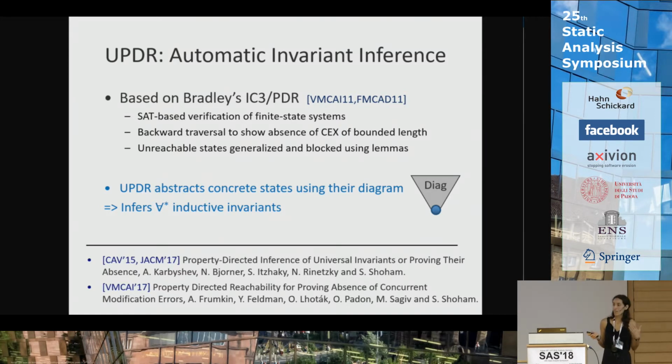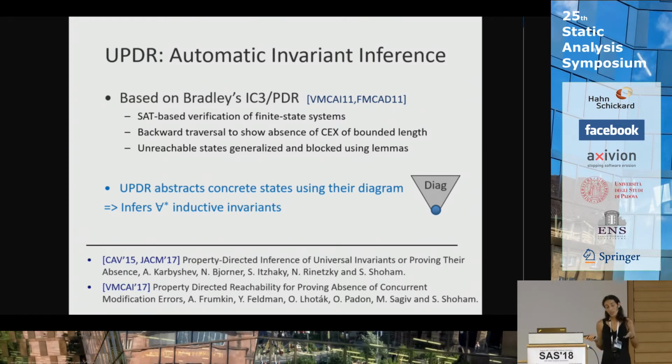And this is the way we could lift PDR that works with propositional formulas to work with a universally quantified formula, and let it infer universally quantified inductive invariants. But again, this is a fully automatic approach. We used UPDR when in this paper we evaluated on heap manipulating programs, and it worked quite well.